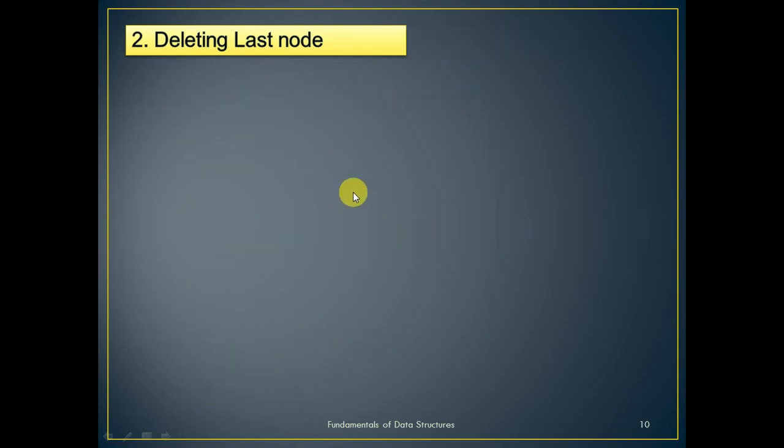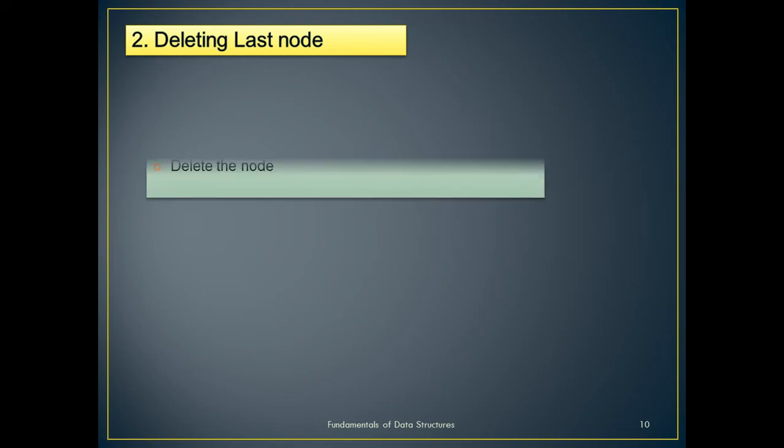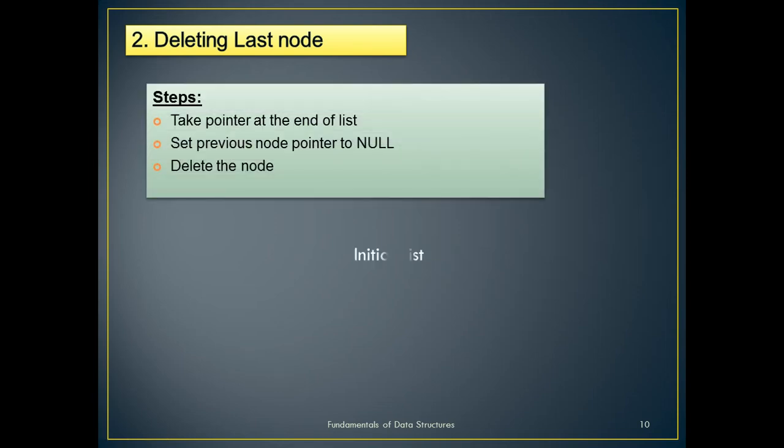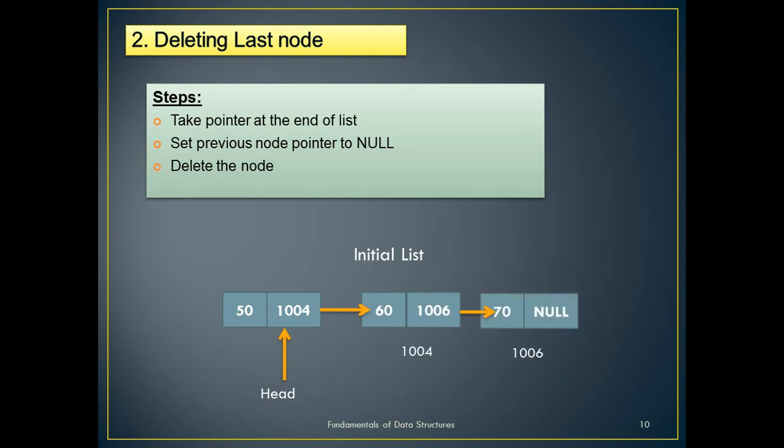Now we see the second sub function, that is deleting the last node of our list. For deletion of the last node, suppose this is our initial list which contains 3 nodes: 50, 60 and 70. I want to delete the 70 node. For that purpose we need to follow some steps. We take a pointer variable that will traverse the whole list and reach the last node of our list.